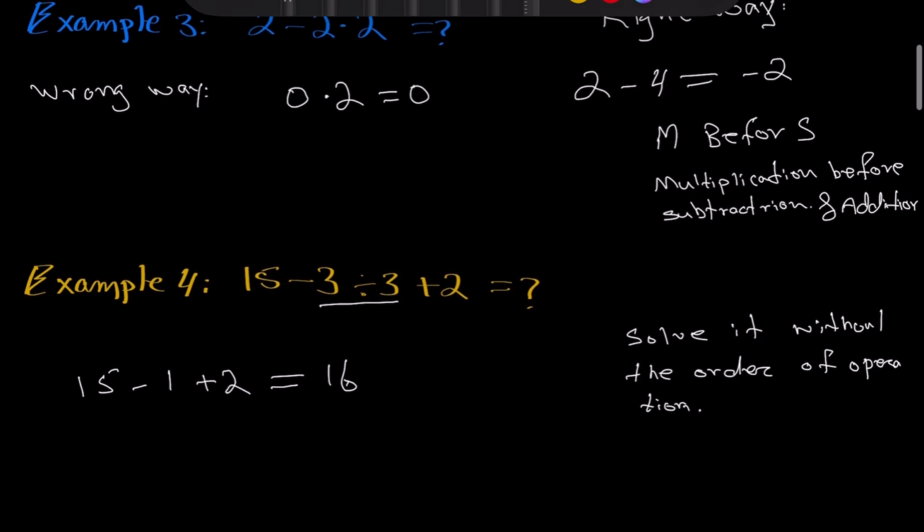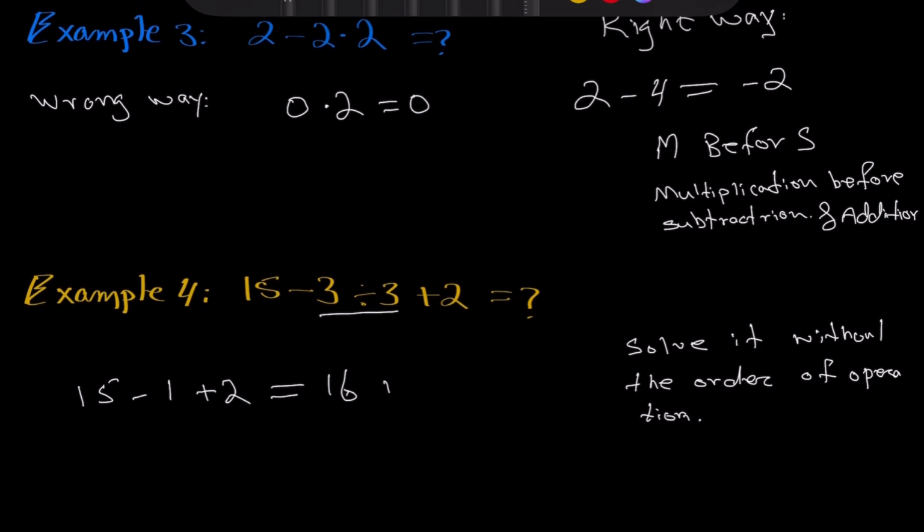So what will happen in that case is, 15 minus 3 will be 12. 12 divided by 3 plus 2. 12 divided by 3 is 4. 4 plus 2 is 6. So 6 is not equal to 16. This will give me the wrong answer if we don't follow the order of operations.